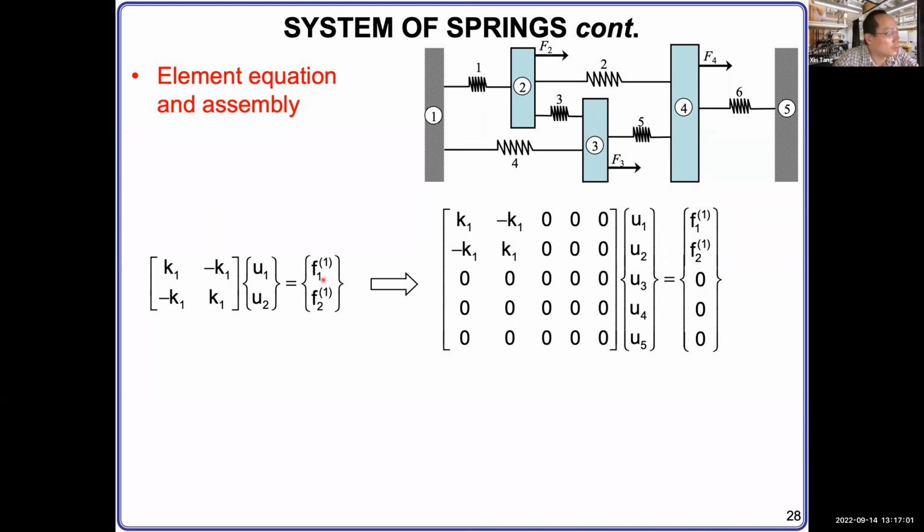You see the 1 in parentheses in the superscript. That means we're talking about spring number 1, right? When you write this, you can add it into this format. You have K1, minus K1, minus K1, K1 in positions column 1, column 2, row 1, row 2, because they correspond to U1, U2, F1, F2. Do you guys follow me? Yeah, okay, very good.